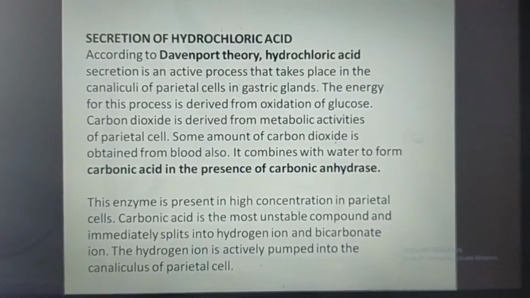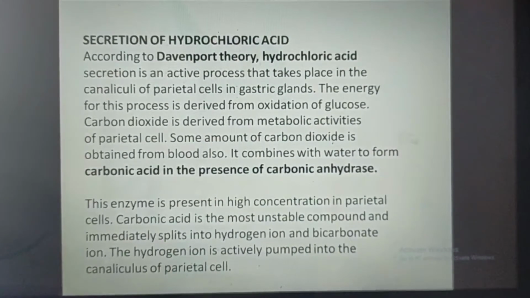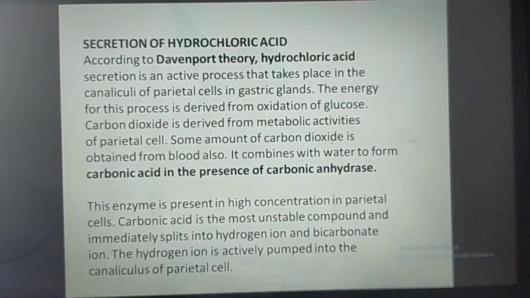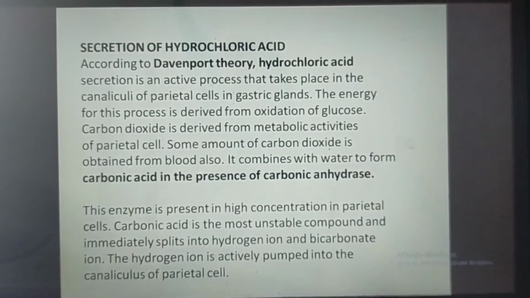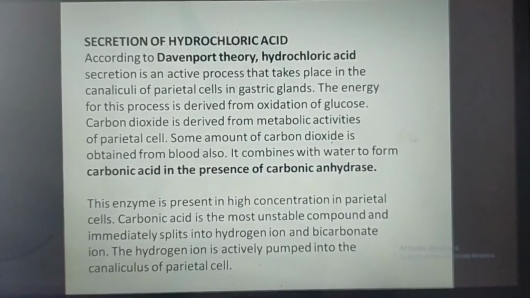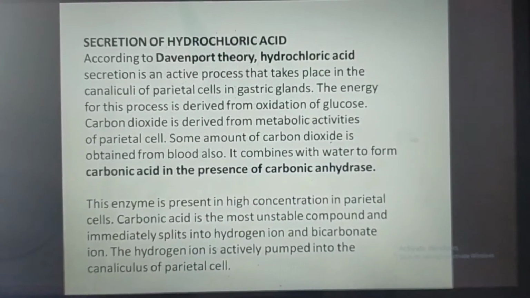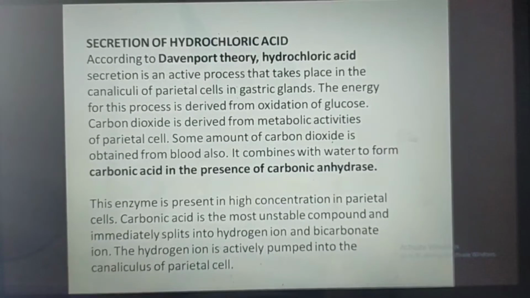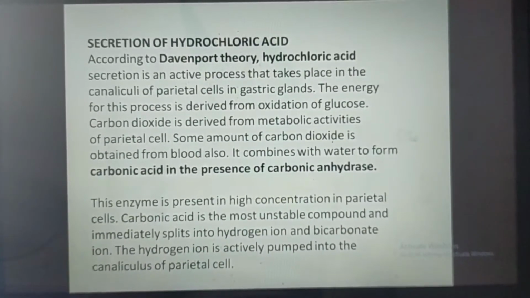Some amount of carbon dioxide is obtained from the blood also, and it combines with water to form carbonic acid in the presence of carbonic anhydrase. This enzyme is present in high concentration in parietal cells. Carbonic acid is a very unstable compound and immediately splits into hydrogen ion and bicarbonate ion.